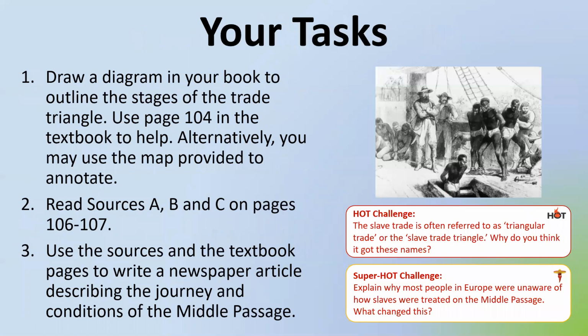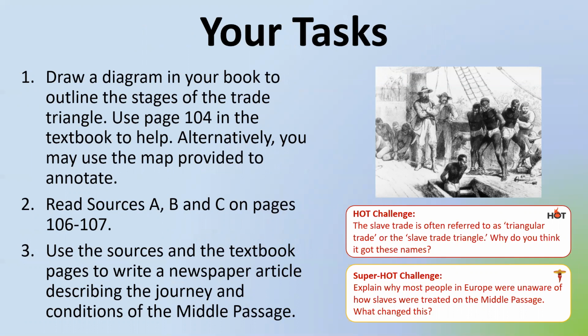So what I would like for you to do is, using page 104 in the textbook, I want you to have a diagram, a drawing for yourself of that trade triangle. So you can literally just draw a triangle if you would like and explain what happens at each of those stages.